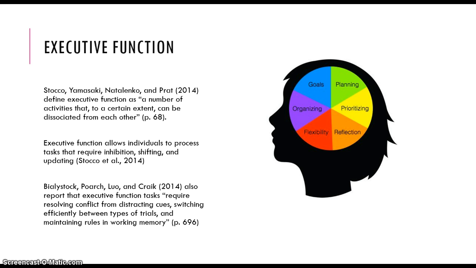Those are kind of disparate skills, but they work together. People with strong executive function are able to tune one thing out, focus on what's important, and switch gears pretty efficiently. You must resolve conflict from distracting cues and maintain rules in your working memory.